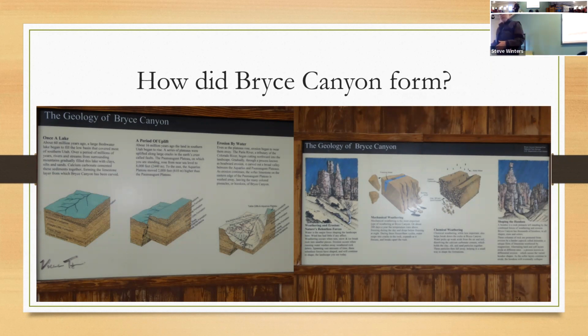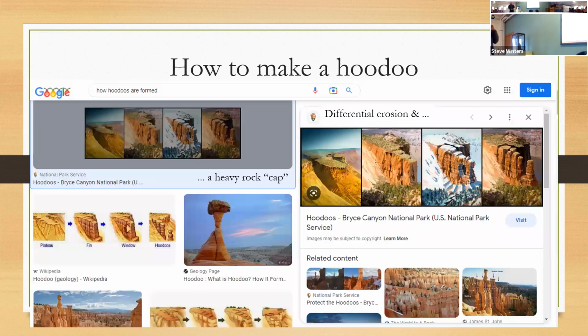Here are some more photographs. It's differential erosion of the blocks themselves due to ice and water. And then there's this cap that sits on top of the rock, which holds the whole thing in place. It's hard to believe that this actually forms, but there it is at Bryce.